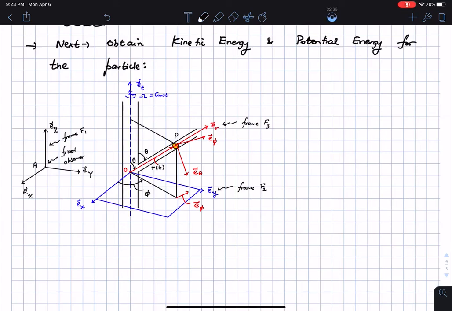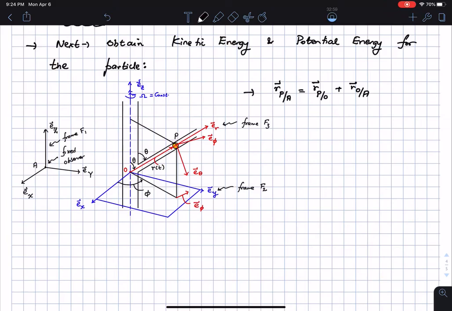The velocity of point P, with respect to the fixed observer, is with respect to the point O, and then there is some relative velocity term that we have to account for. So the position vector of point P, r P/A, is r P/O plus r O/A.